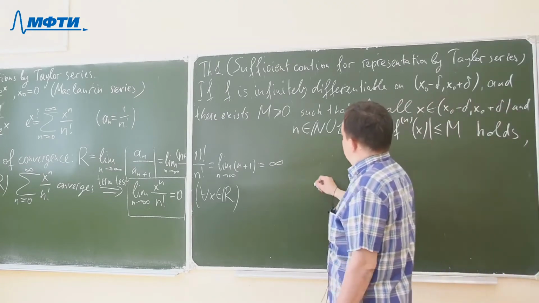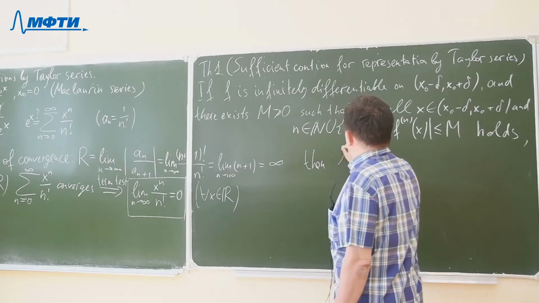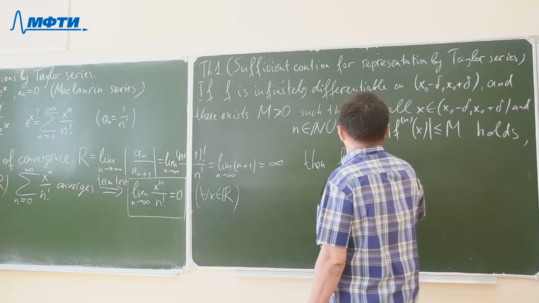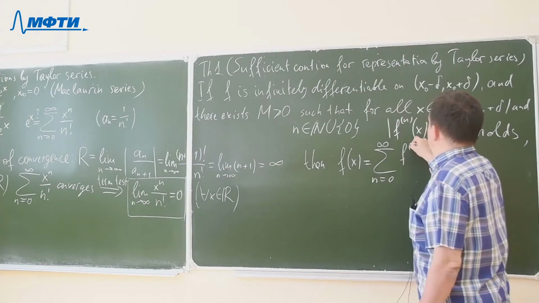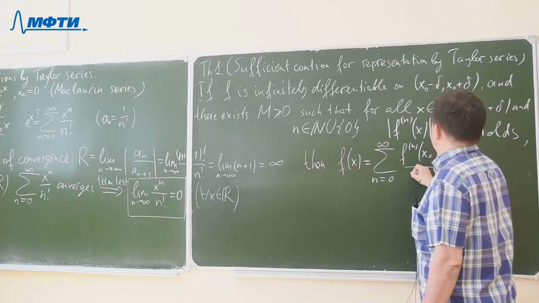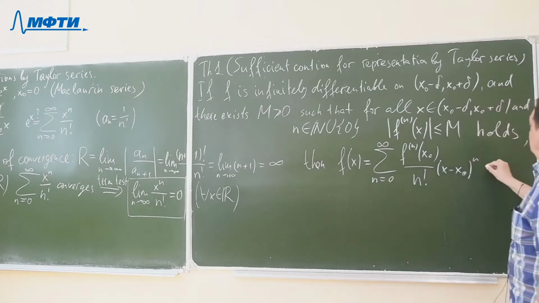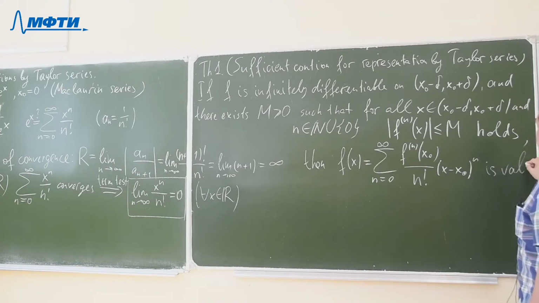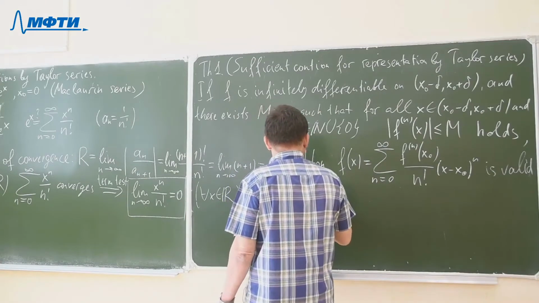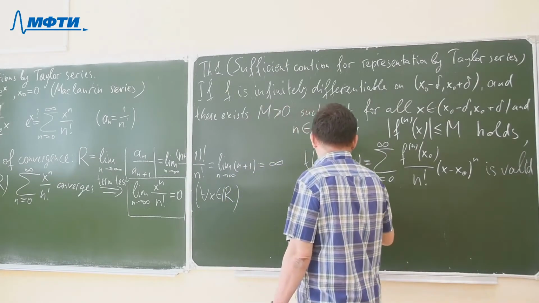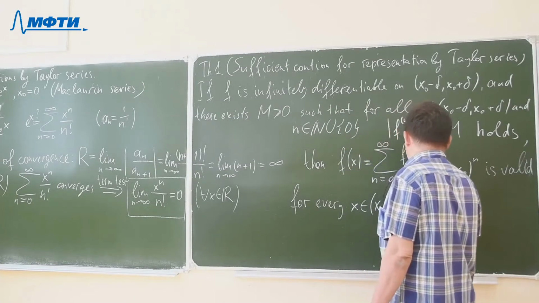then the equality f(x) equals the sum of f n-th derivative at x naught over n factorial times (x minus x naught) to the n is valid for every x in (x naught minus delta, x naught plus delta).